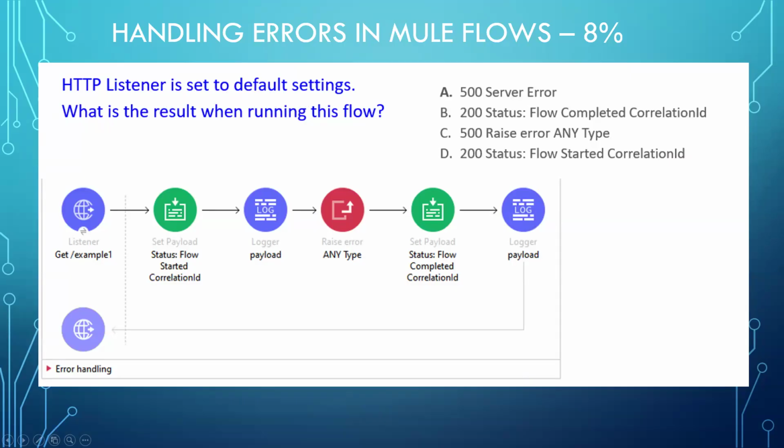And you could run it to see for yourself. But the correct answer is A. It is A, because there is no error handling, and it is the Mule default error handler that's going to set it. And we should get the error description.